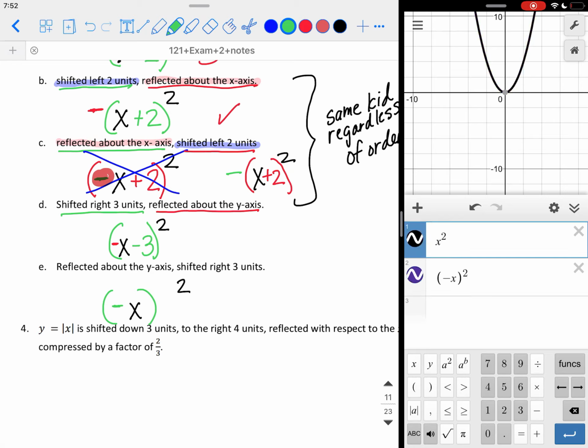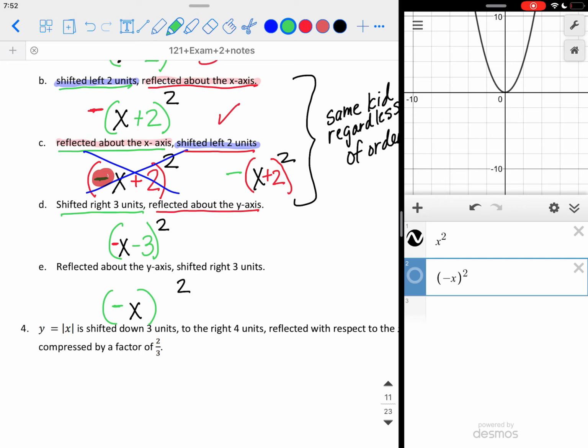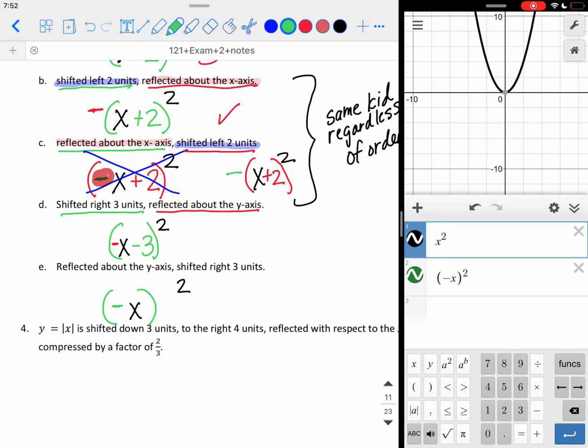And here's the parent. If I reflect it across the y-axis, there's my kid in green. I reflect it across the y-axis and I end up with the same parent because the vertex is at 0, 0. So it's the same parent that I reflect, and I get the same kid in utero.